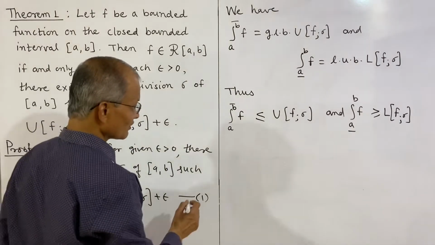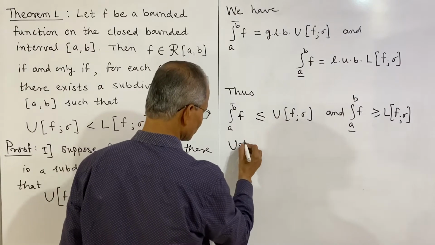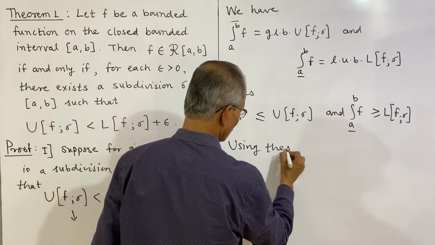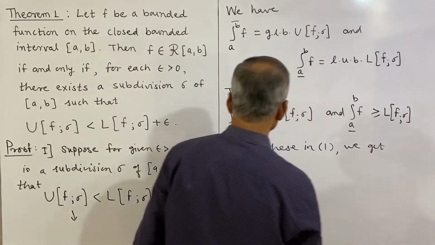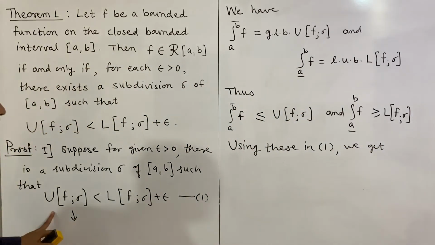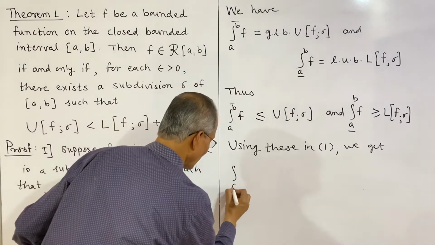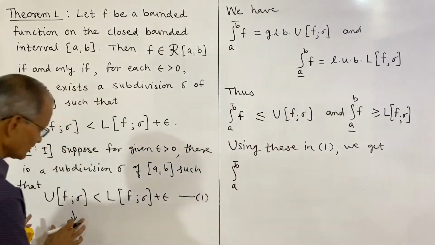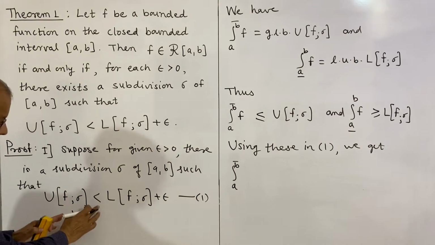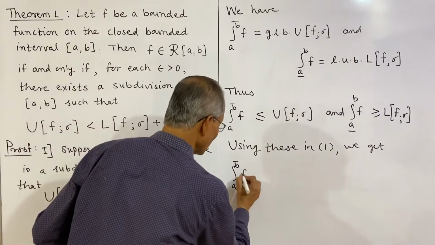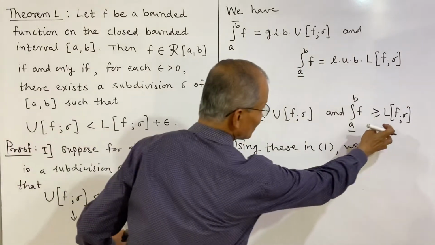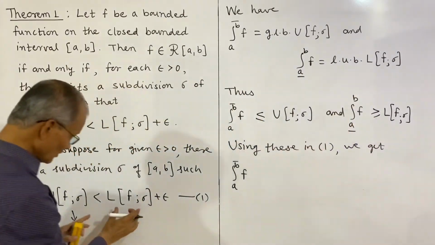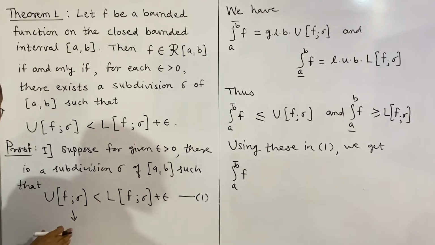So using these in 1, we get, this upper sum we will replace by the upper integral because we are decreasing this, and then the relation remains. And for the lower sum, we are replacing the lower sum by a greater value. So this we are increasing, this we are decreasing, and therefore the inequality remains the same.